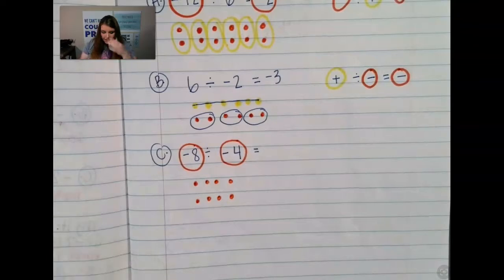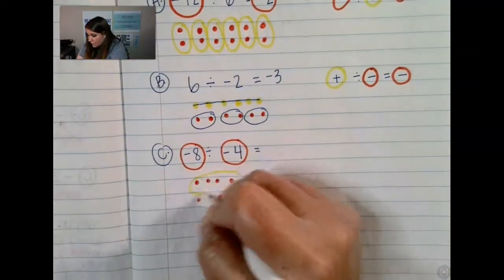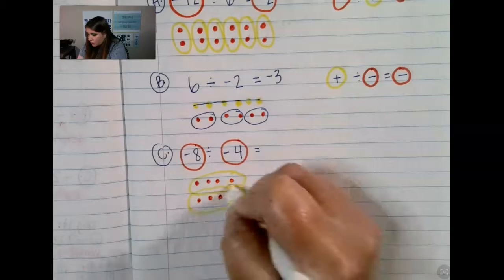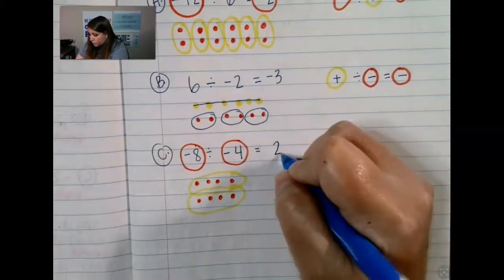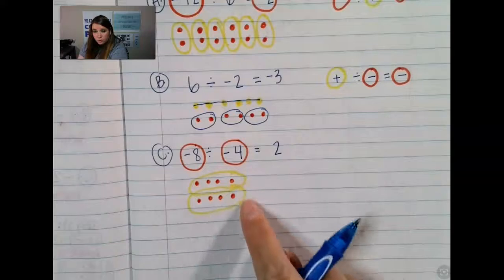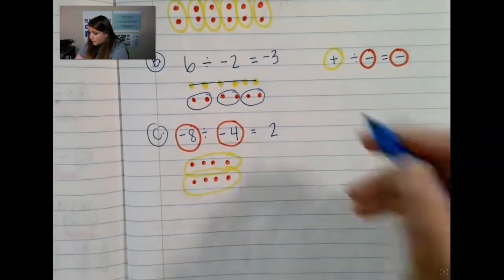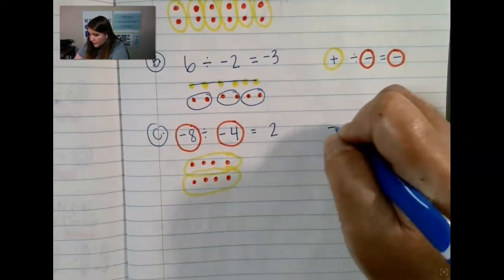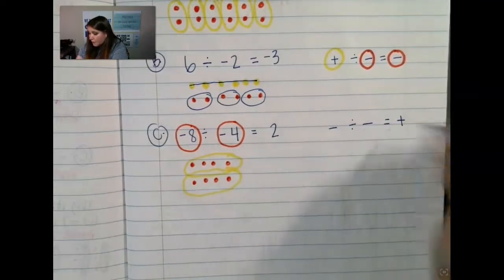When I divide it into groups of -4, how many groups do I make? Well, I made 1 group here and 2 groups there. So this gives me 2 equal groups. And so here, when I have a negative divided by a negative, I get a positive.